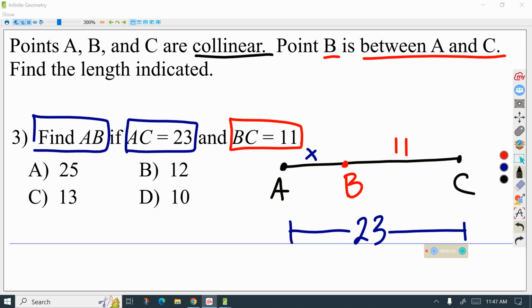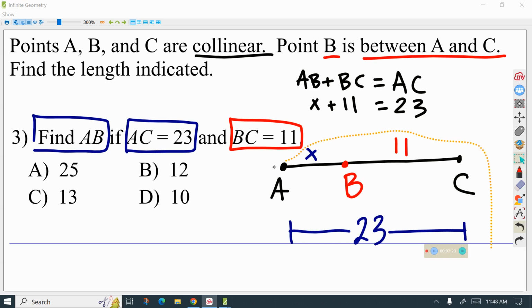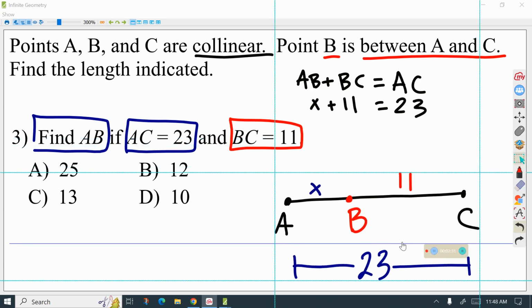So we should be able to understand what's going to happen, right? We know that because AB plus BC equals AC, the line segment addition postulate, that means that X plus 11 must equal 23. And therefore, if I subtract 11 from both sides, we'll end up with the final answer of 12, right?